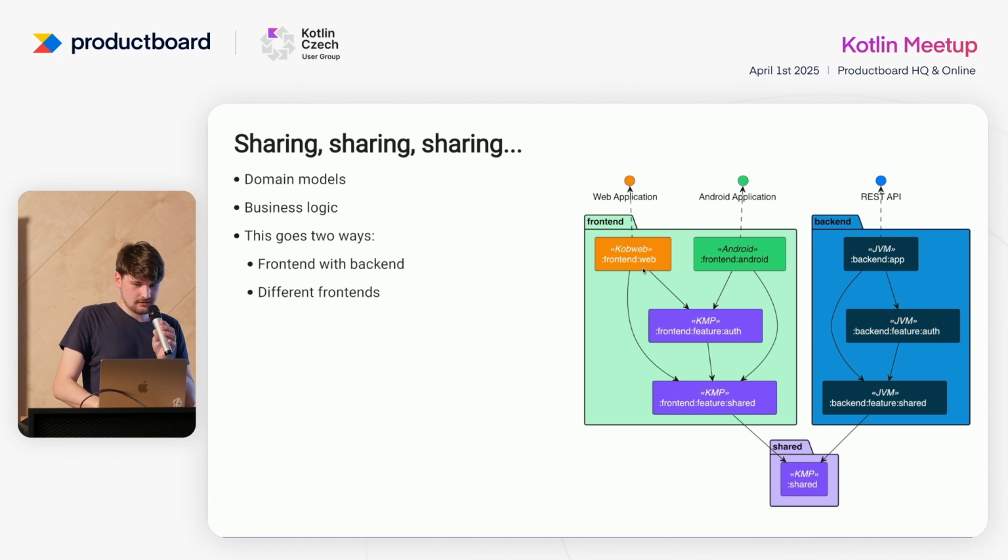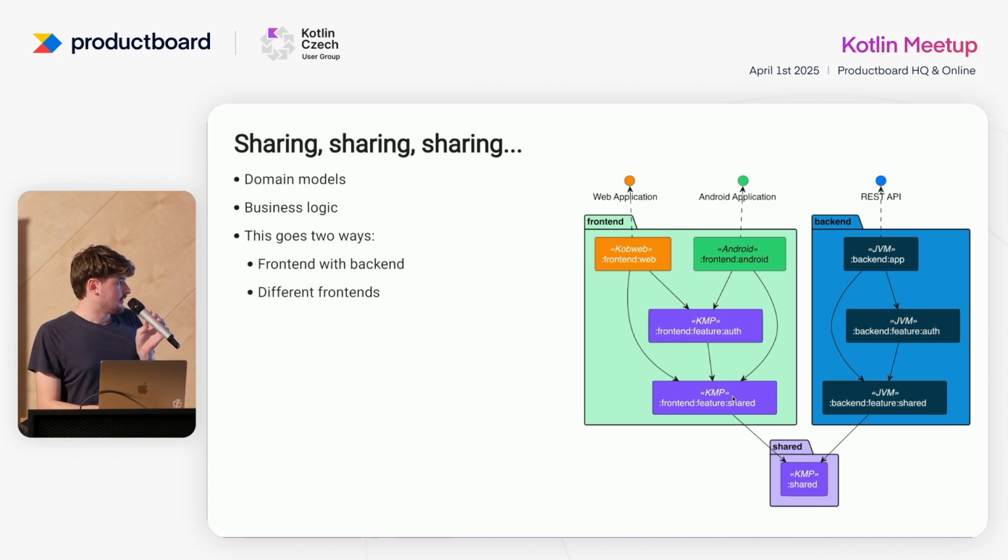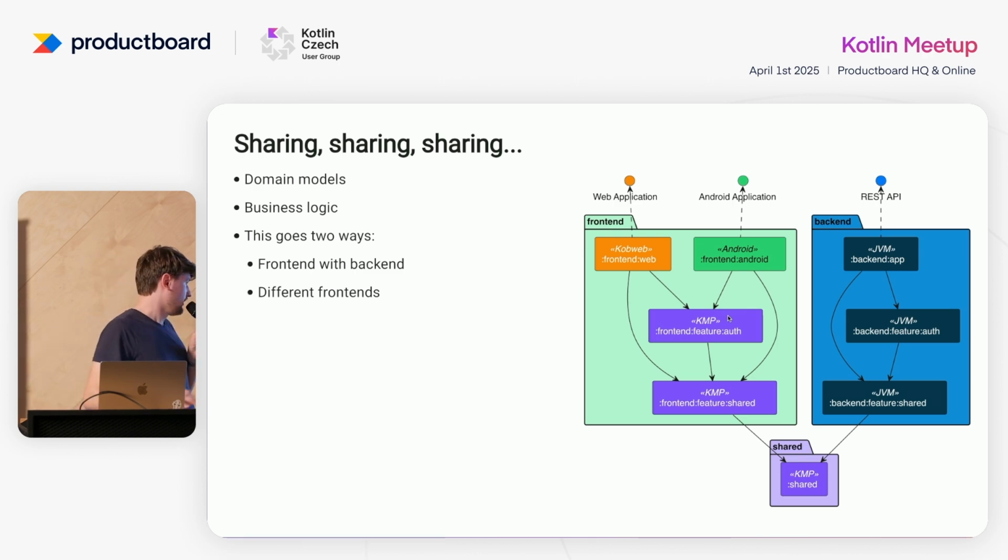So for example, if you have a Kobweb application, you can access the different feature modules and the shared module of the front-end module to share the whole business and the domain layer with a different front end.